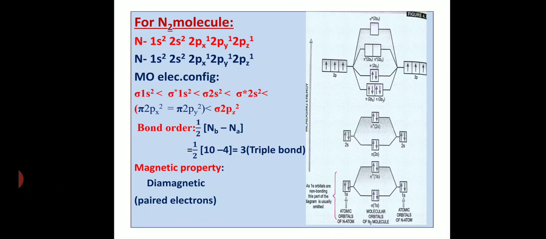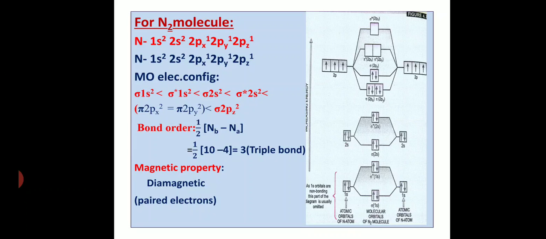They will have lower energy than sigma 2pz orbital. Then what about antibonding molecular orbitals? They have higher energy. It should be written above, right? From the slide you can see how it has been written: pi star 2px, then pi star 2py, then again in higher energy sigma star 2pz, right?